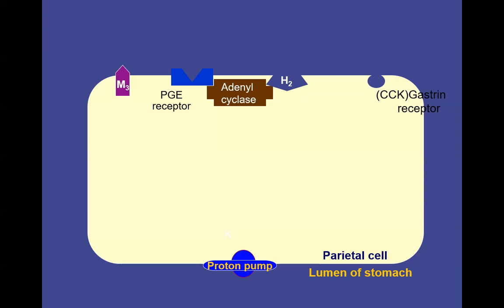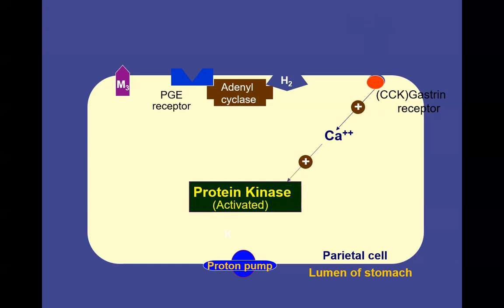But on the other side, we have several receptors, okay? So let's look at the CCK, which is a gastrin receptor expressed on the parietal cell. So we have the gastrin. If it gets bound to CCK, what do you expect the signal transduction pathway to be? Yeah, it creates hydrogen pump outside.